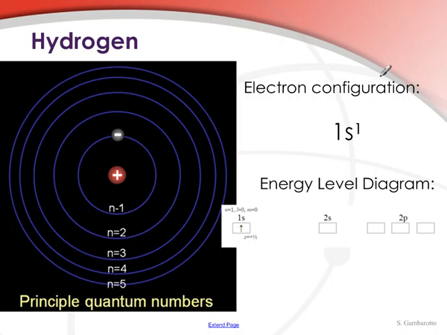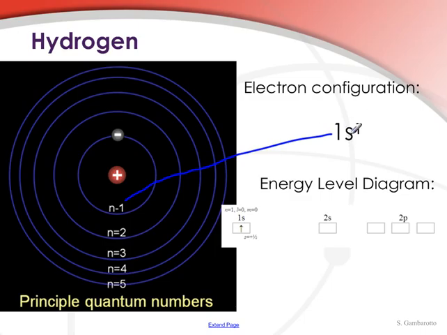When we write out its electron configuration, we call it 1s1. The 1 in front of the 1s1 means that this is the quantum number N equals 1. It's in the first energy level.